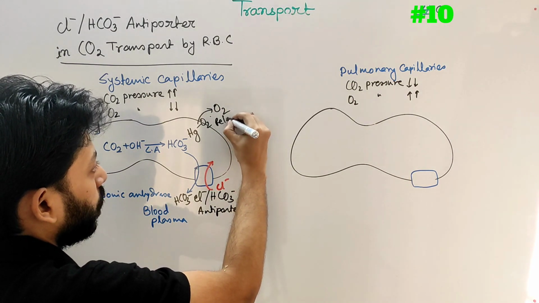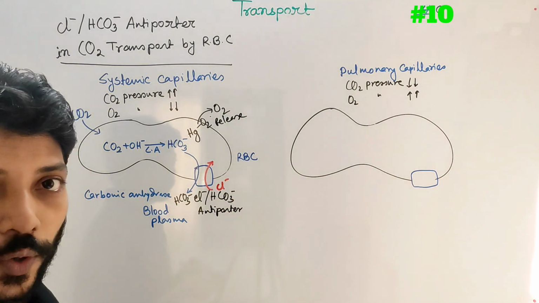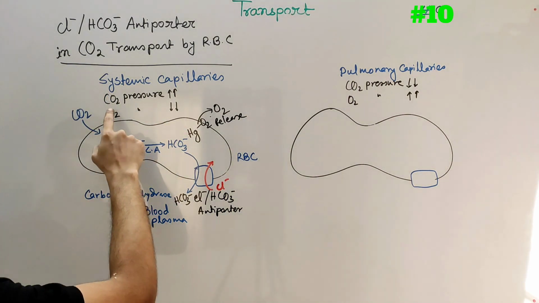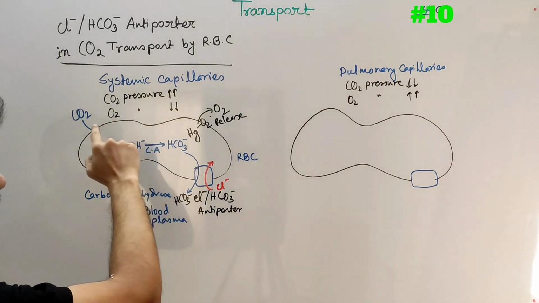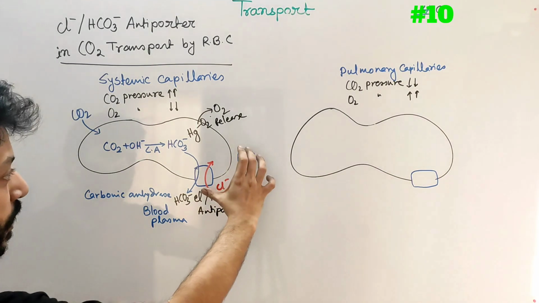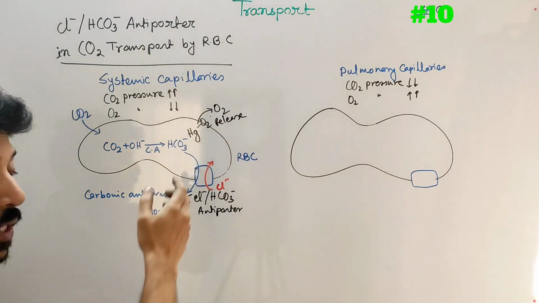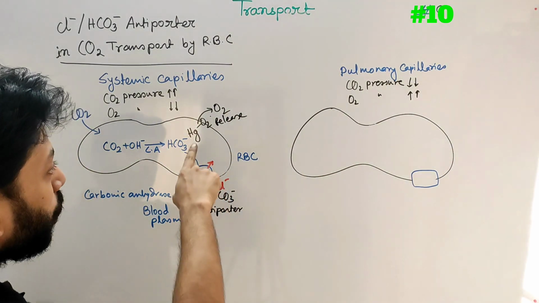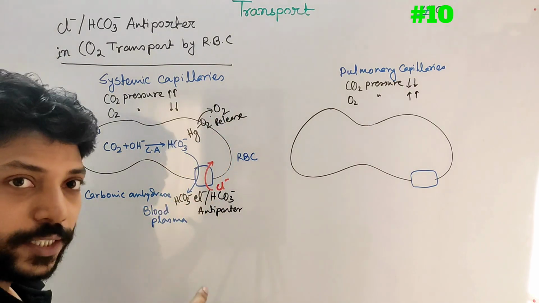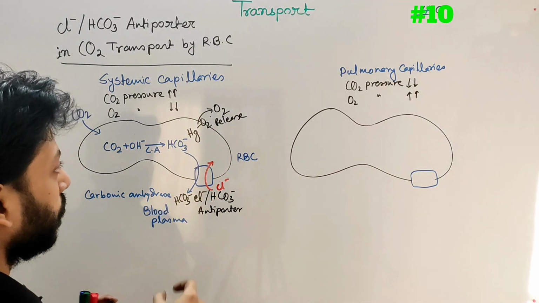So you have to understand this: because here oxygen pressure is low, the RBC that carries oxygen from the lungs releases the oxygen so that the tissue can consume it.